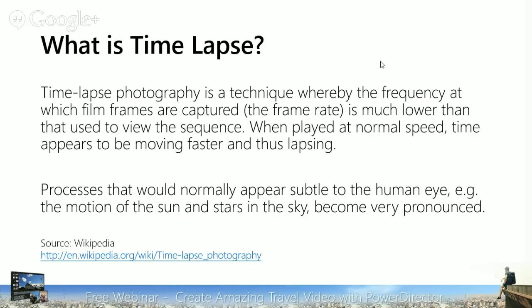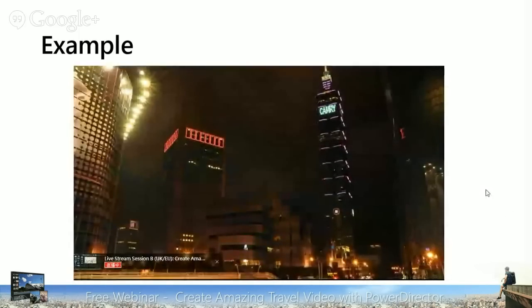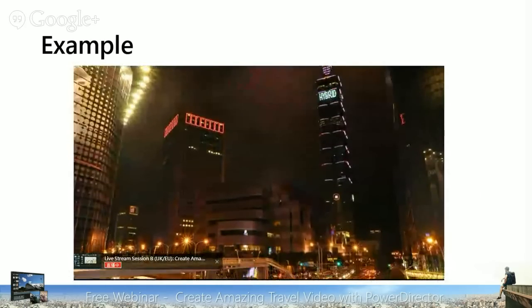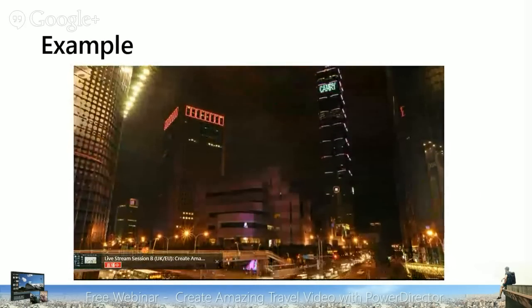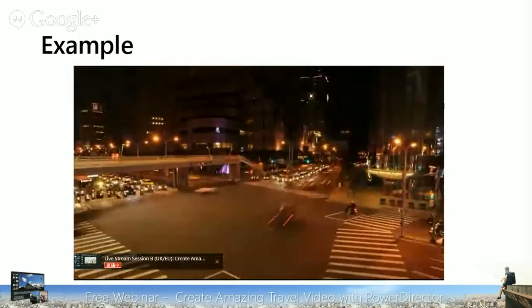So I'll give you a quick example of what time-lapse looks like. This one was actually taken in Taipei, the city where I live. This is the landmark of Taipei, Taipei 101, which used to be the highest building before Burj Dubai was built.